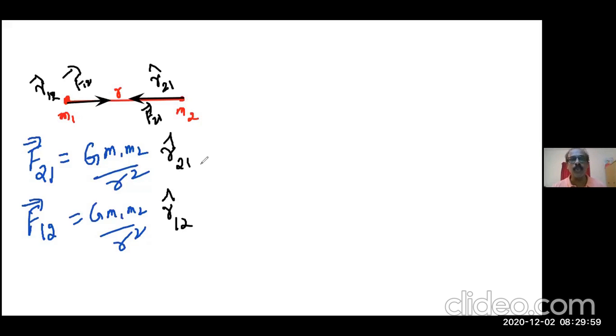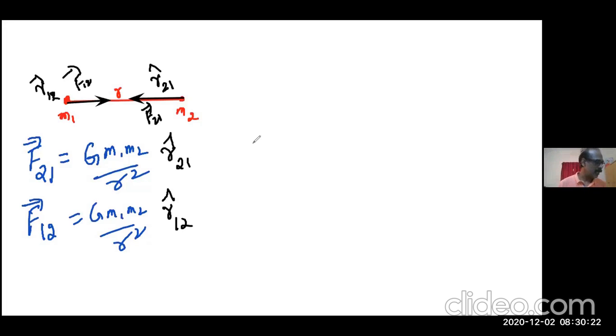Towards 1. So 2 to 1. That's the direction of force, right? If I'm pushing you away, you will not come to me. Or if I'm pulling you towards me, you will not go away. Whichever direction the force is acting, in that direction only you will move. So look at the object, see which direction it's moving, and mark that direction there. That's all. Clear?